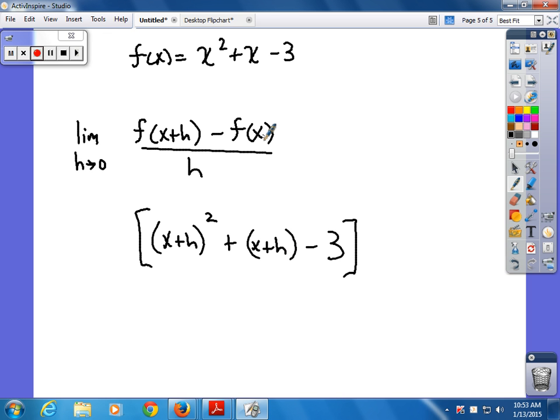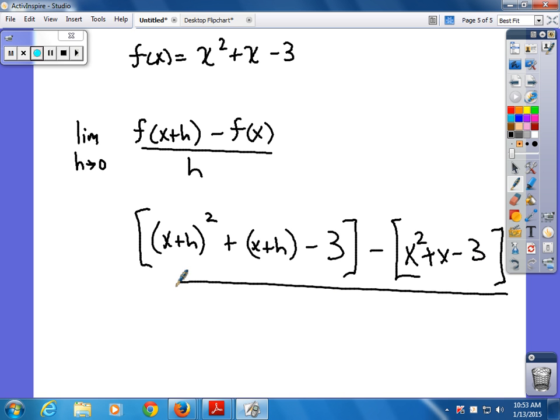Minus f of x, which is this, over h. Now you have to use your handy-dandy algebra here. Limit as h approaches 0.